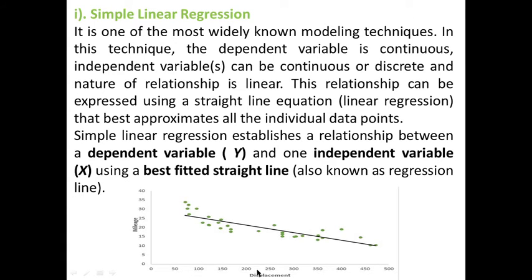This diagram shows the displacement of 50, 100, 150, 200, 250, 300, 350, 400, 450 and 500 on the x-axis. It is the independent variable, and mileages 5, 10, 15, 20, 25, 30, 35, 40 is the dependent variable. See, this is the straight line.